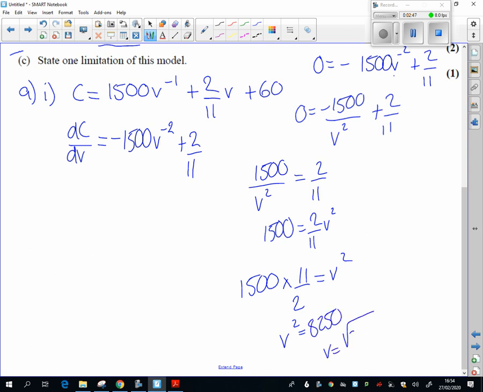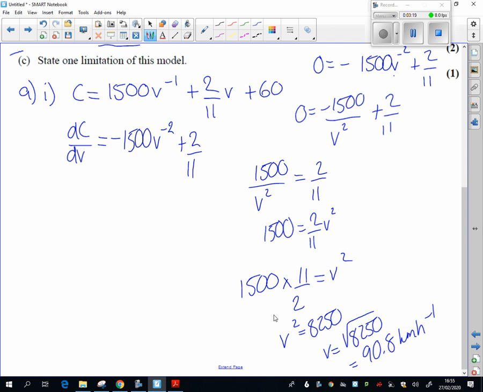So v is the square root of that, and v is a velocity, so a negative root is not going to make any sense. We can ignore the negative square root. So v is 90.8, and the units for that are kilometers per hour.